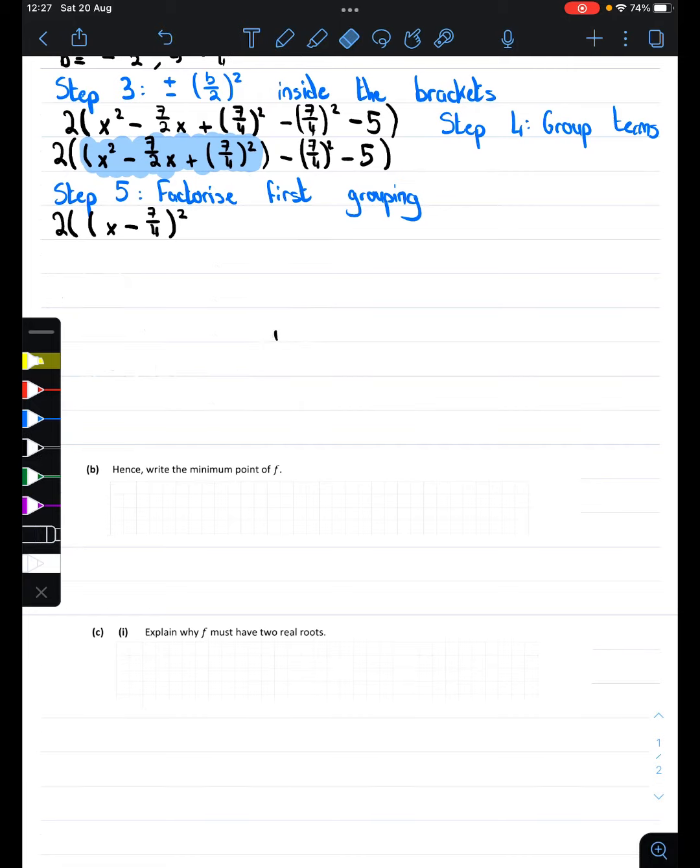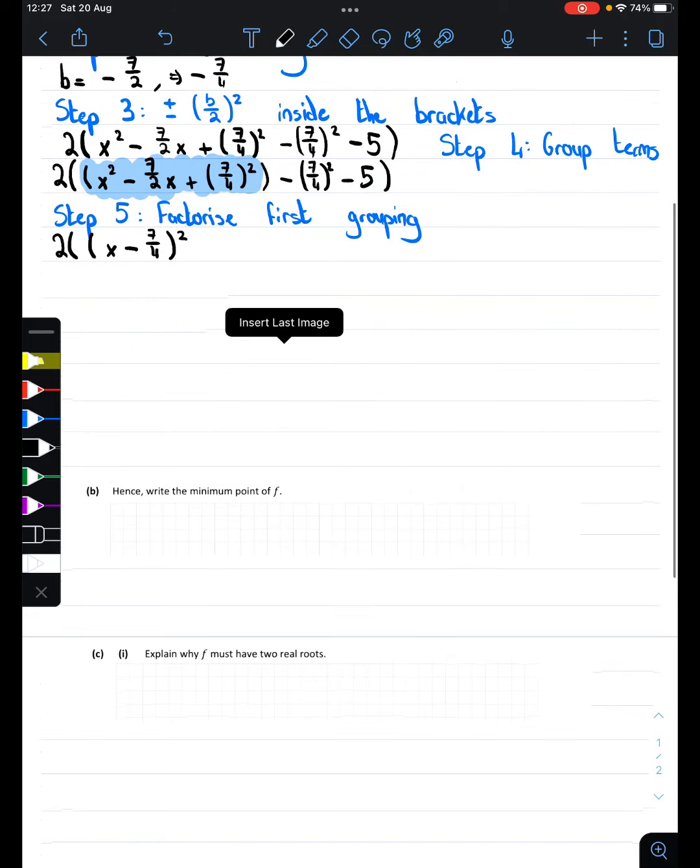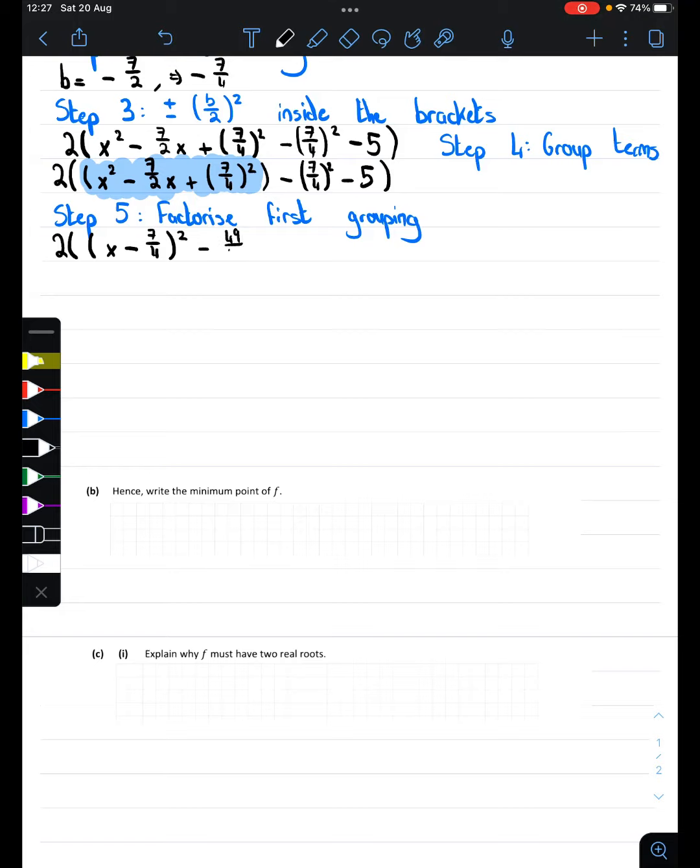So we factorize this and we get a square term like we were looking for, and then this other term, minus (7 over 4) squared, which is 49 over 16, minus 5.